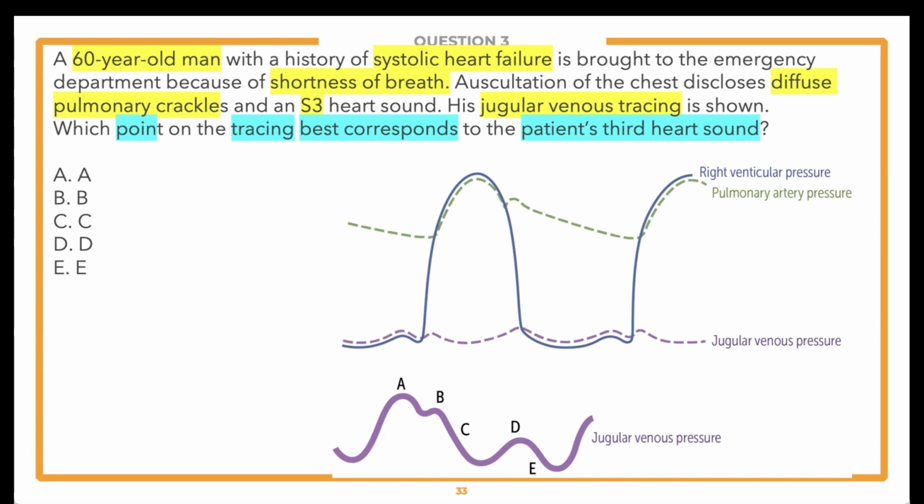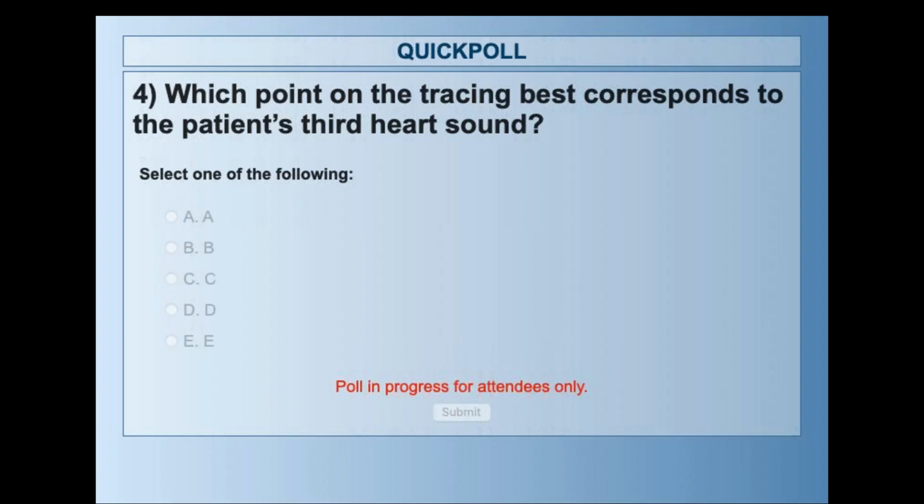And now when I launch the poll, you're not going to see the image anymore. So at this point, you should already know what your answer is. Let's go ahead and launch this one. Like I said, it's the lightning round. It goes fast. Go ahead and let us know which one best corresponds to the patient's third heart sound.